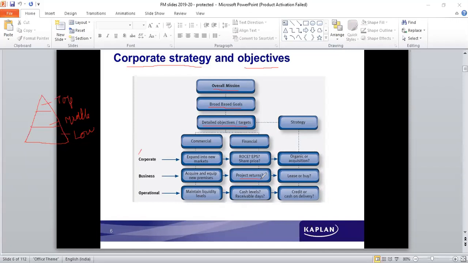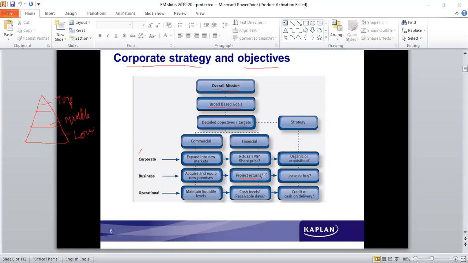If we are talking about the goals and objectives broadly classified as commercial and financial, if these are the things which have to be achieved, if these are the plans prepared by each level and implementation is taken care of, to meet these objectives there should be a supporting course of action, a supporting plan has to be made available.